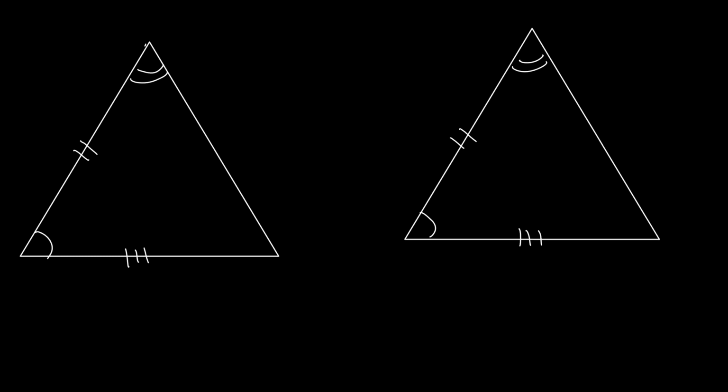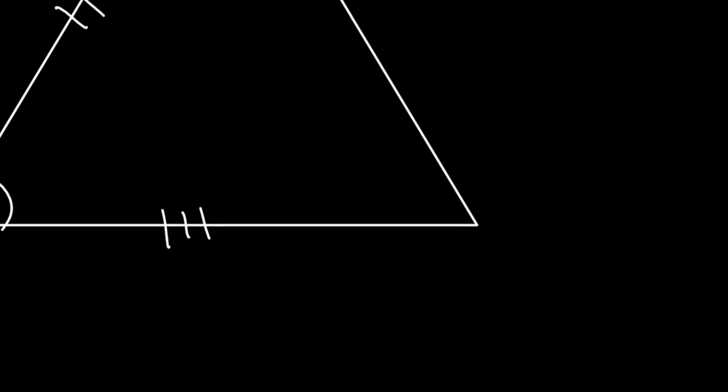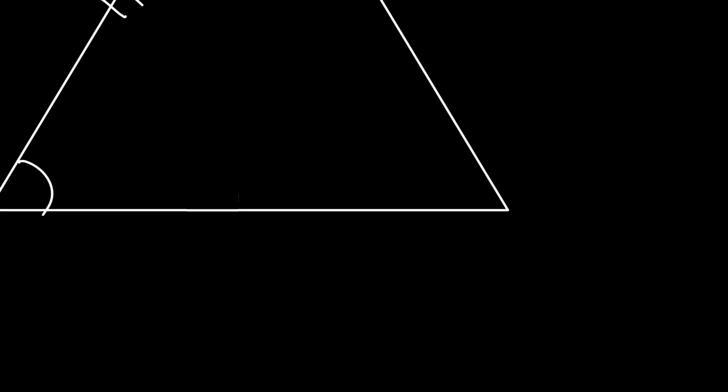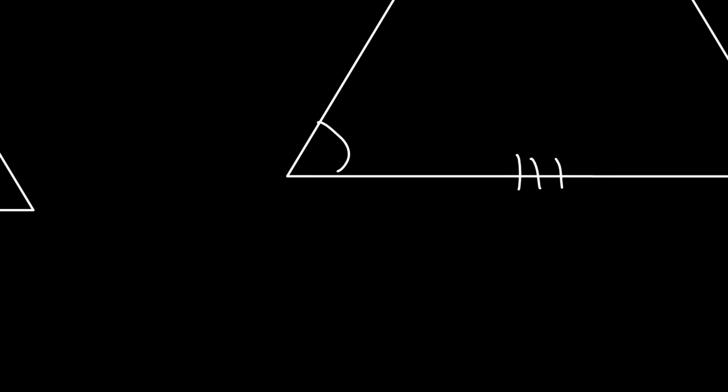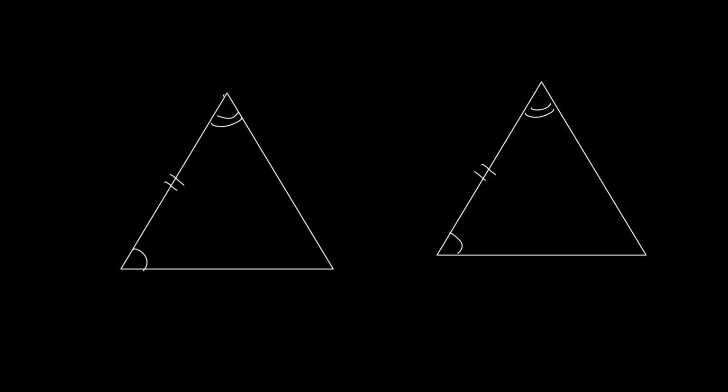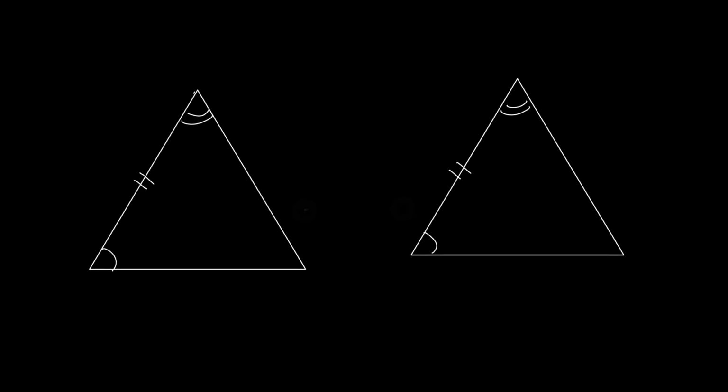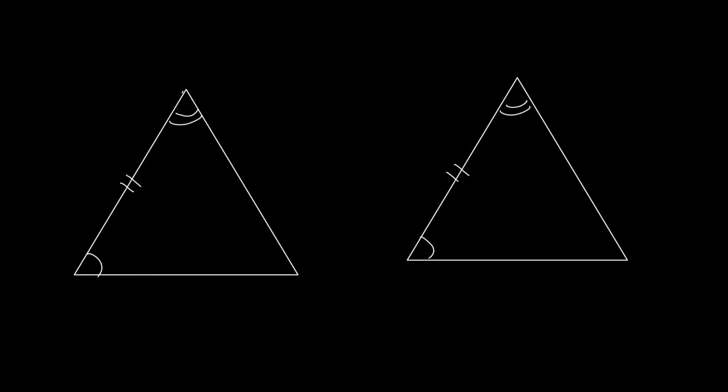What if I did this? Are these two triangles still congruent? No, because then you can change the bottom, right? So say I did change the bottom. Say I made it longer. What would that change? It would change this top angle, right?